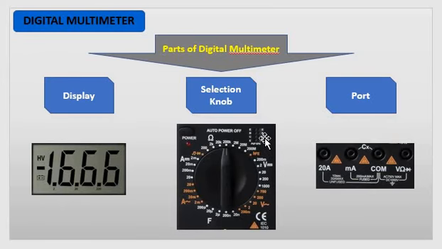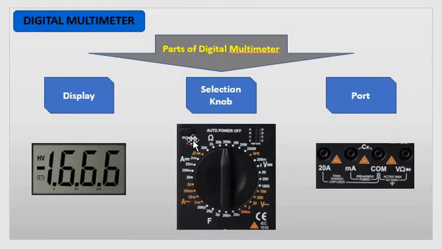Now here additional features are also there. You can test the transistor here, PNP or NPN. For that purpose these slots are provided. Here we can see the power button is also provided to power the multimeter on or off.